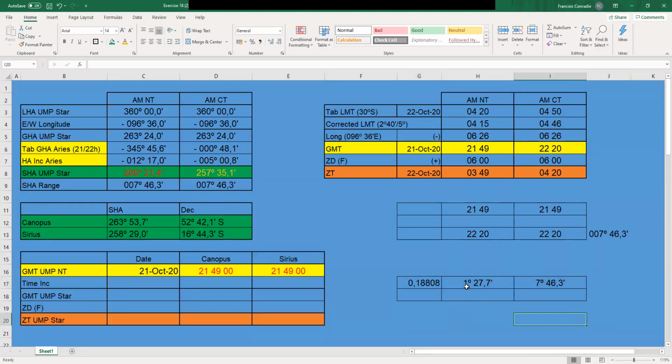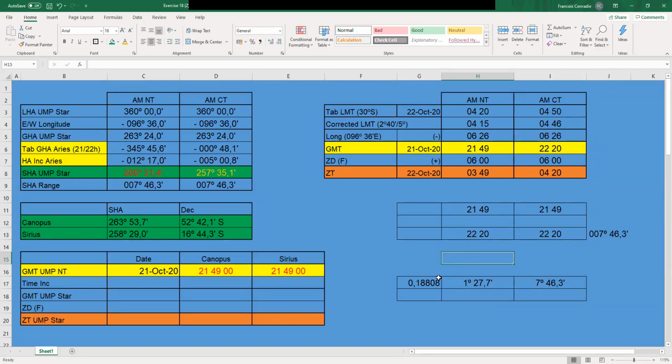You're all happy with how I got the 1°27.7'? From 265 to our SHA, out of a maximum of that, we get a fraction of 0.188. Now, we know that the total change in time is 31 minutes. So if this is the fraction of the SHA change, then the same fraction will also be applicable to the time change, isn't it?